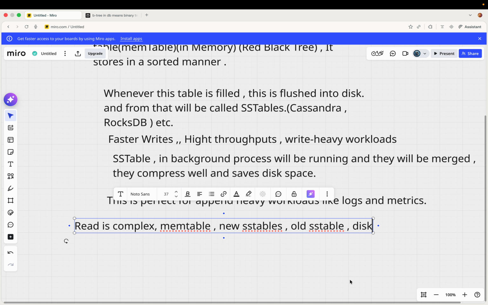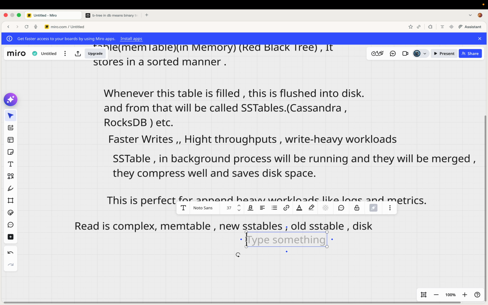And there is one more thing called Bloom filters. Whenever we are searching in these SS tables, there is a Bloom filter, a probabilistic data structure which tells if the given key exists in the given table or not in O(1), instead of going and checking all the tables. The working of that is not in the scope of this video, so leave it. We will be using Bloom filters here. That is one kind of optimization, and then it goes to disk.